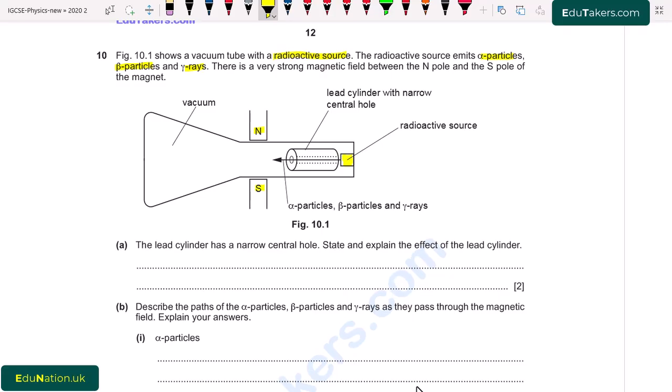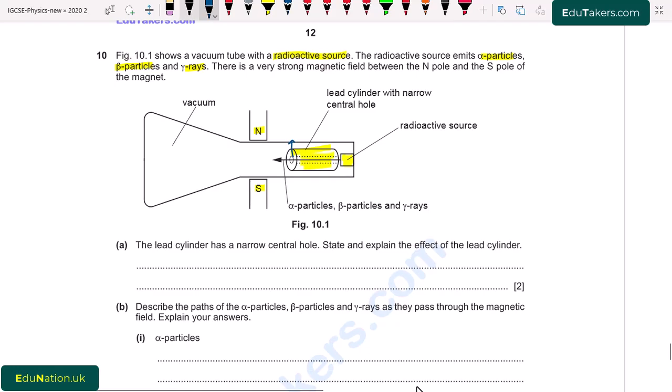Part A. The lead cylinder has a narrow central hole. State and explain the effect of the lead cylinder. So you can see here that this is the cylinder, and this is a narrow hole.